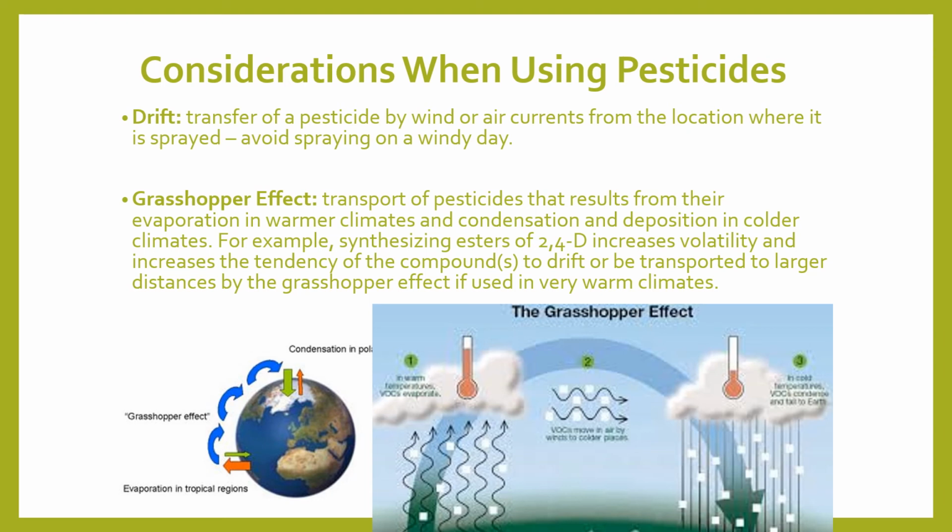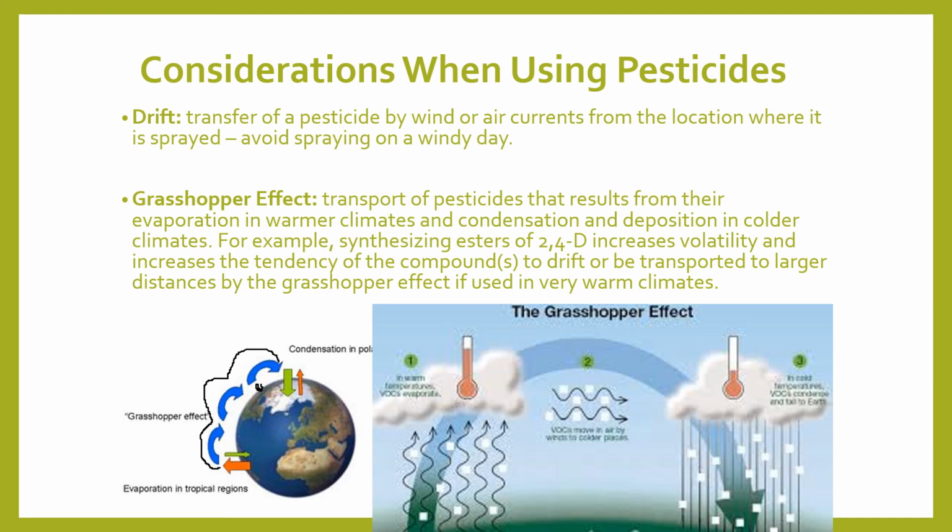Just like a grasshopper, how it hops and leaps, you can see where they might spray in warmer climates, and then they collect and condense, and then they move towards the poles. They always seem to drift towards the poles. You can see on the image here, they're spraying it here, but then it's carried, and carried, and it accumulates and affects these poles. That's dangerous because we typically live right up here, on top of these accumulation zones.